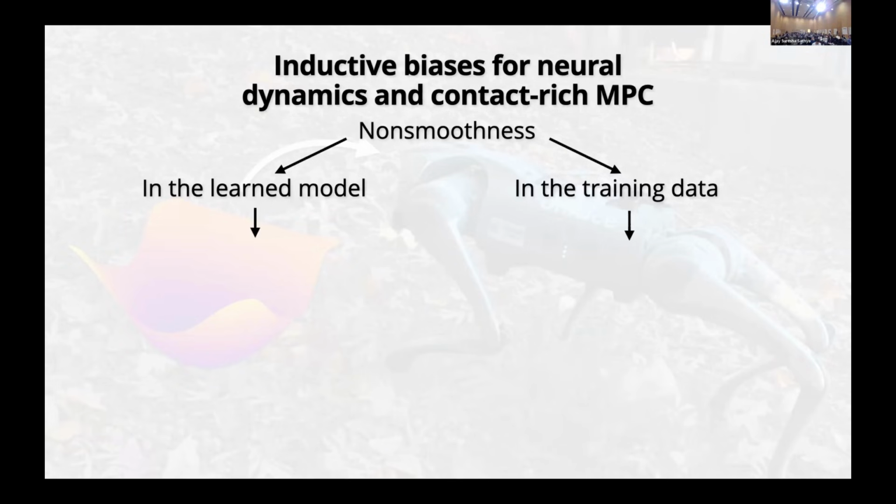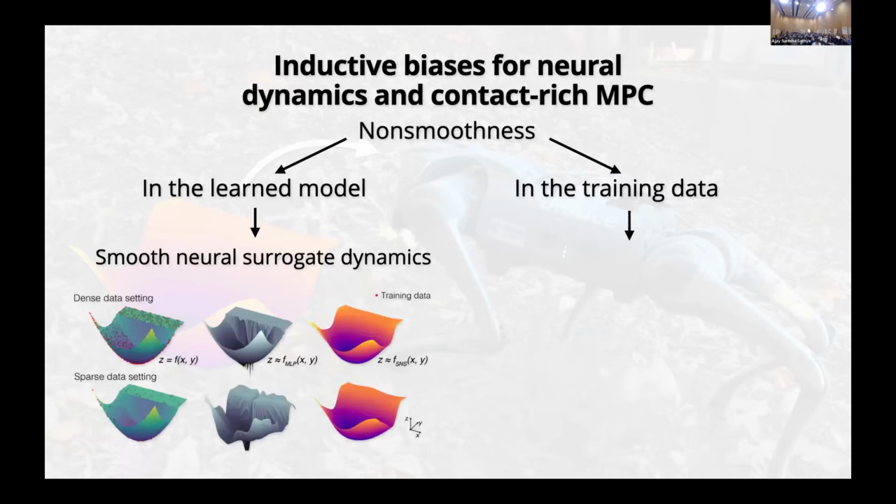To address non-smoothness in the learned model, there are two sub-areas that cause it, and we address them with what we're calling the smooth neural surrogate dynamics module. This model uses Lipschitz-based weight regularization to constrain the global smoothness of the network. There are two scenarios where non-smoothness is a key consideration.